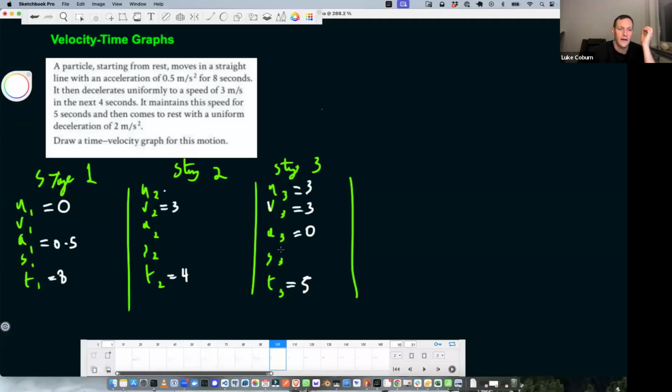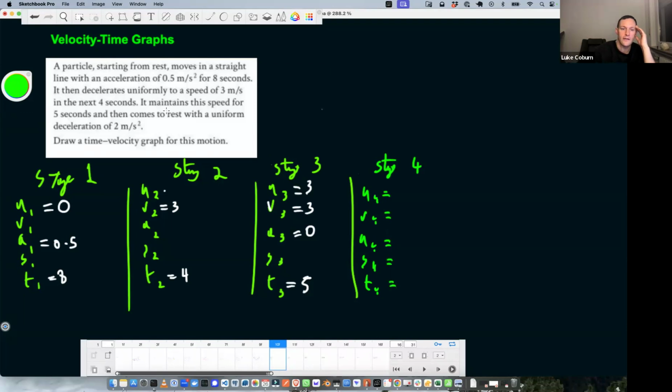And then finally, okay, they've given us an extra stage, right? So I'll have a stage 4 now for the journey. A stage 4: U, V, A, S, and T, all with subscript 4, okay?